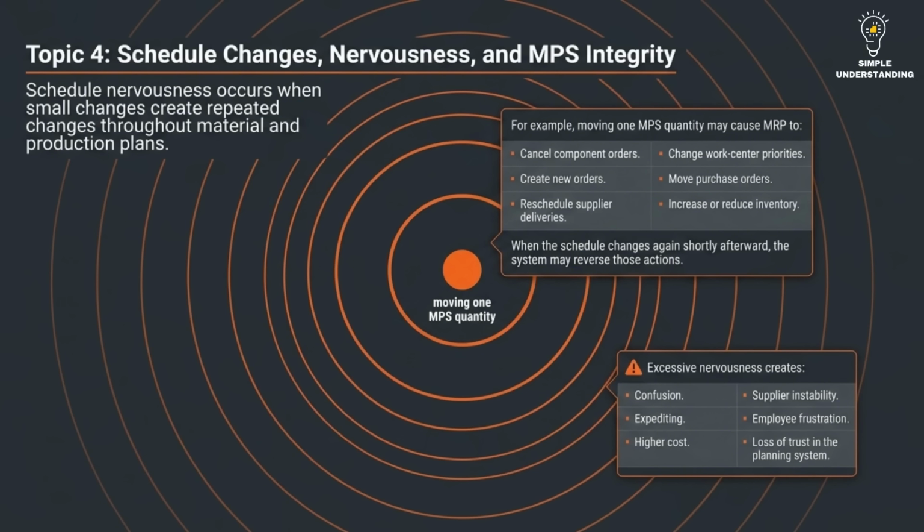When the schedule changes again shortly afterward, the system may reverse those actions. Excessive nervousness creates confusion, expediting, higher cost, supplier instability, employee frustration, and loss of trust in the planning system.